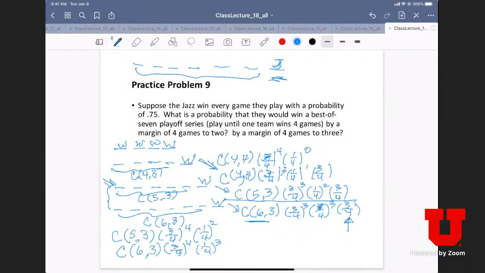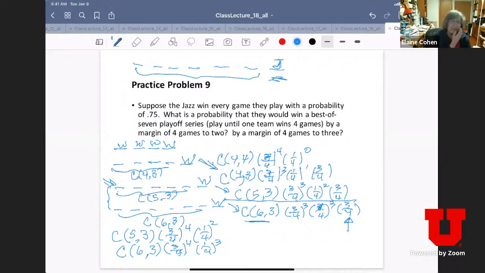So if I ask you what's the probability of winning 3 out of the first 6 games, given that they won the first game, that's what this stuff is. But then you have to remember, if they win 3 out of the first 6 and the 7th game, you multiply by the 7th game.